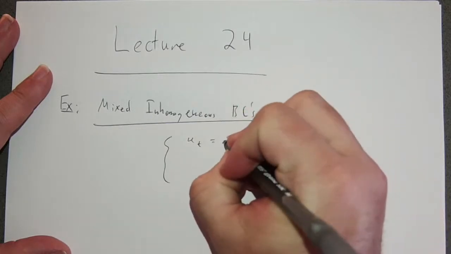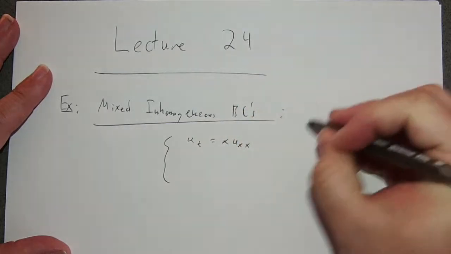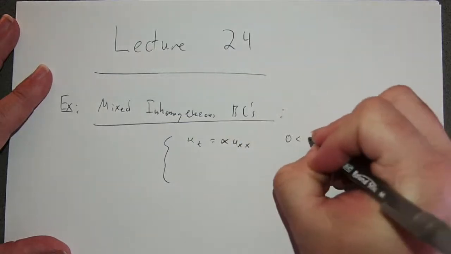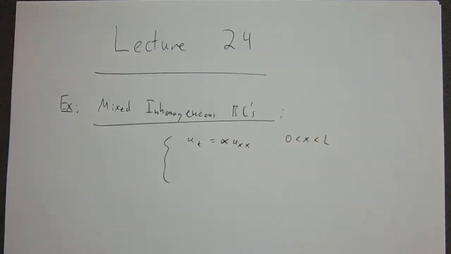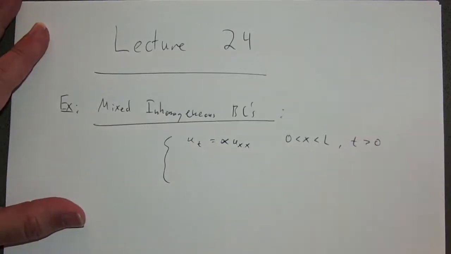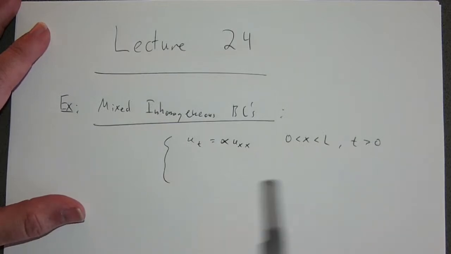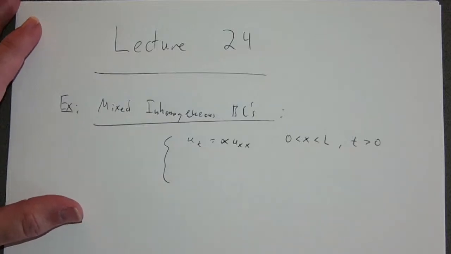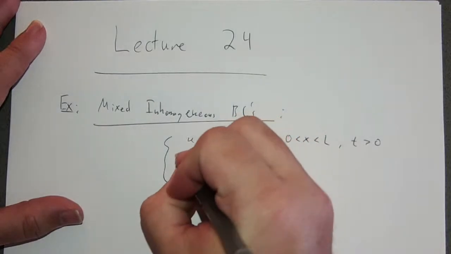So u sub t is alpha u sub xx in some finite domain 0 to L, and t greater than 0. Let's say that I have mixed inhomogeneous boundary conditions, so we'll say that I have zero flux at one of the ends, but at the other end I have some inhomogeneous constant.